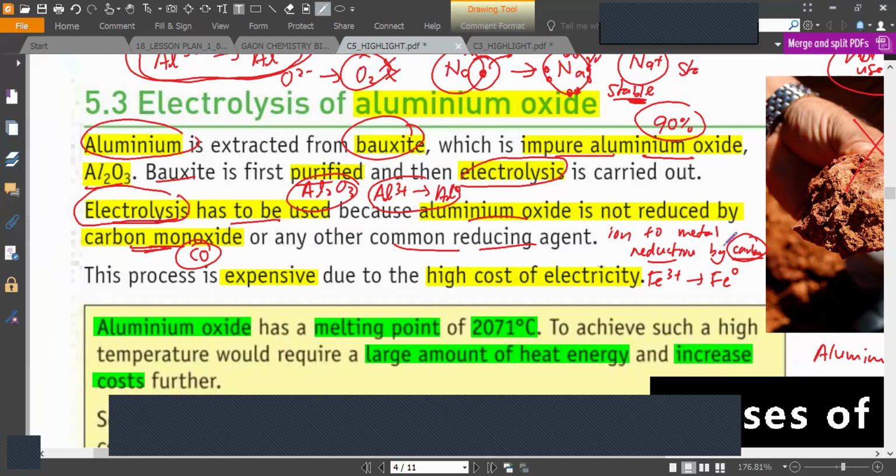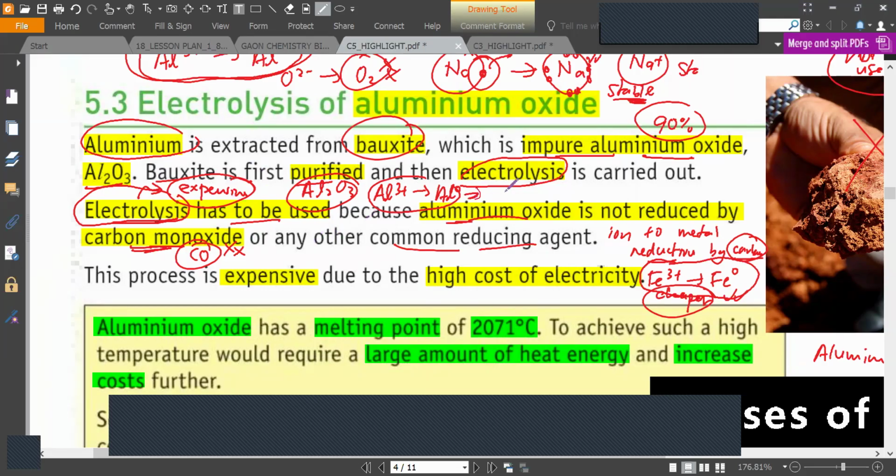This reduction by carbon is a cheaper method. If we can do it, we will do it, like iron. But for aluminium, we cannot use reduction by carbon. So we must use electrolysis, which is very expensive. But we have no choice.